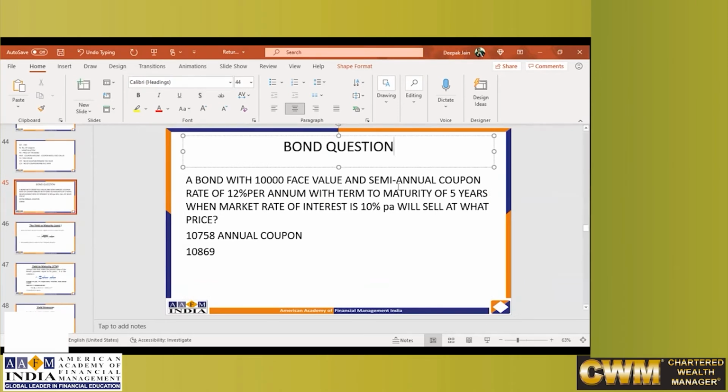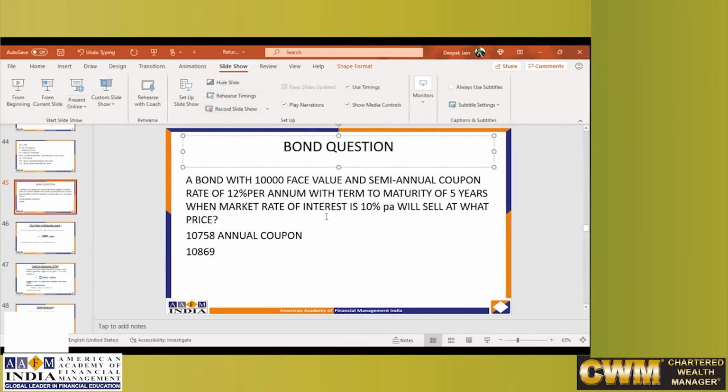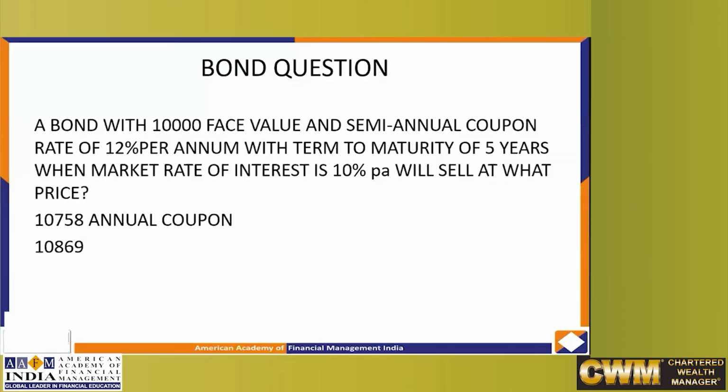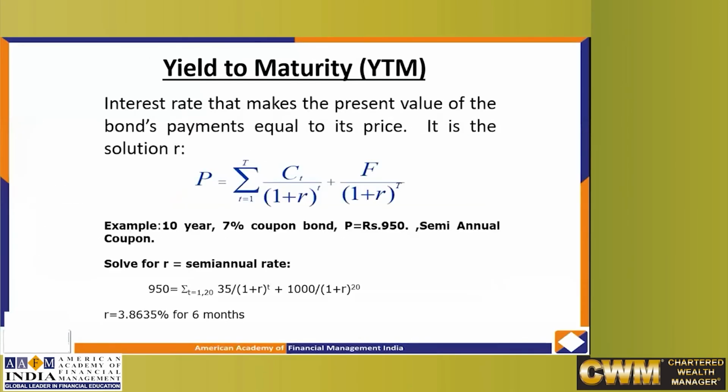Now remembering this, let's solve some YTM problems. YTM is this 10% problem, where 10% is not given, everything else is given to you. For example, a 10-year 7% bond with price 950 and semi-annual coupon.